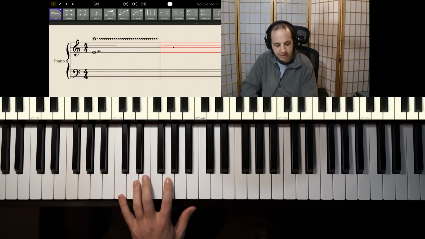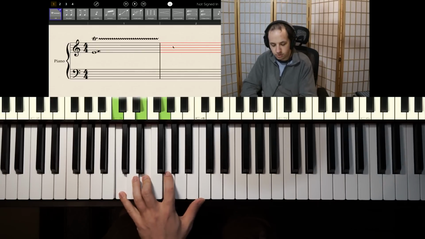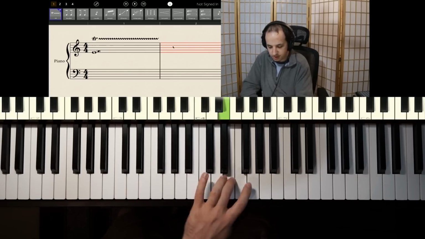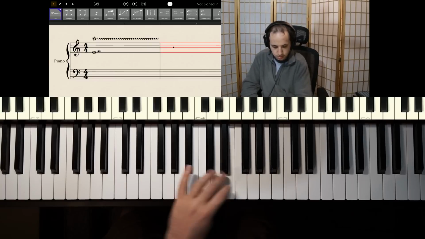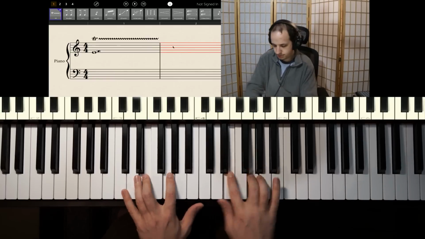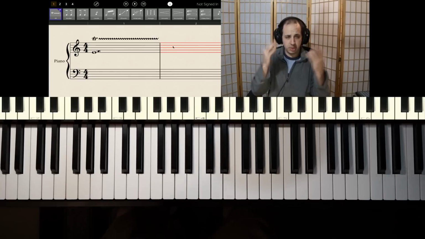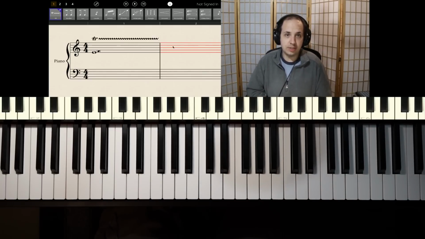The weird thing about left hand, oh no, it's 5, 3, 2, 1, 3, 2, 1. So the fingering is a little bit different. I'm a little rusty on them. I need to practice them a little bit, but I'm sure just a few minutes and I'd have it.